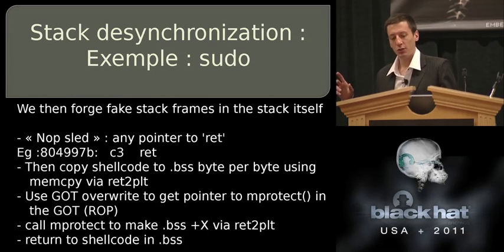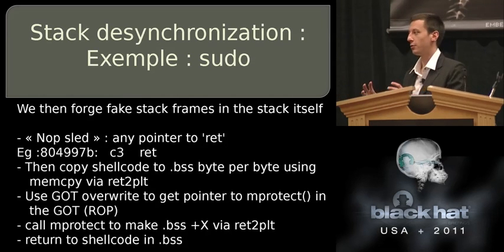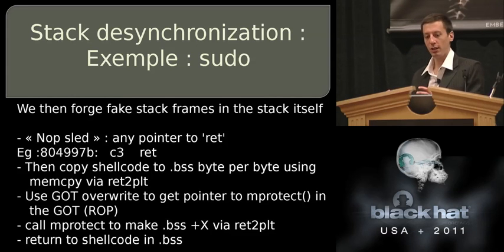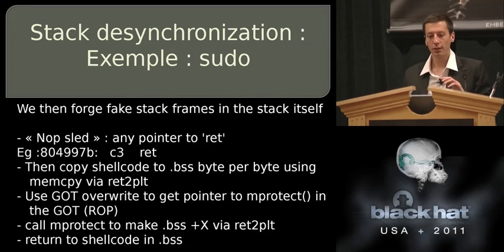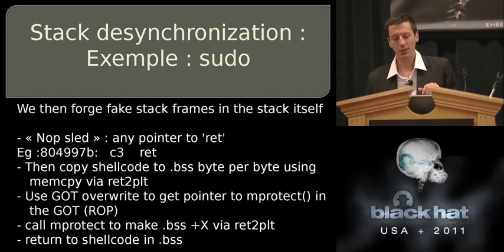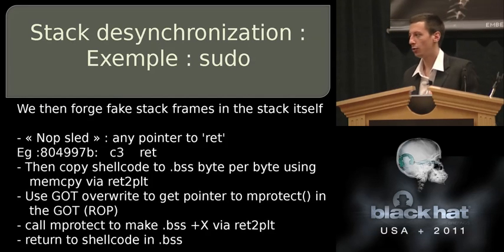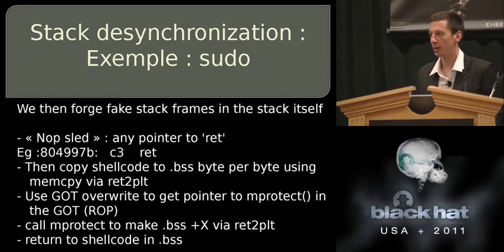So we copy the shellcode. Now we're forging fake stack frames to copy byte per byte the shellcode we want into the BSS section. This is standard stuff using ret to PLT. The PLT is also not randomized. It's inside the main executable.